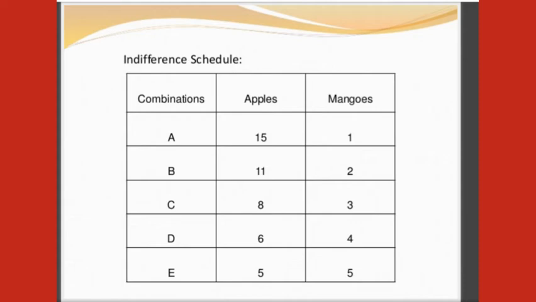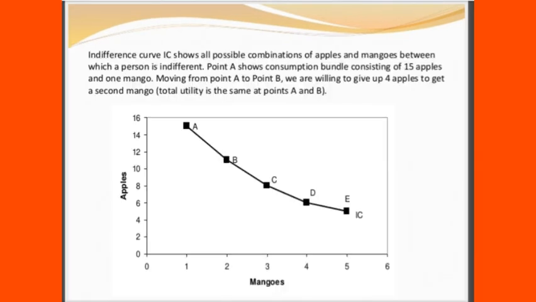In the next one, we can see combination B. There are 11 apples and 2 mangoes. It shows the combinations which give equal satisfaction to the consumer.